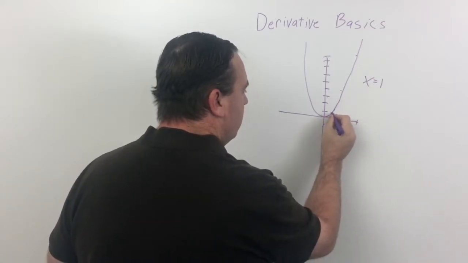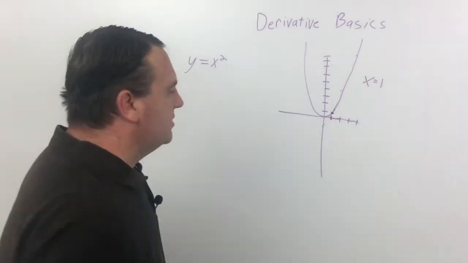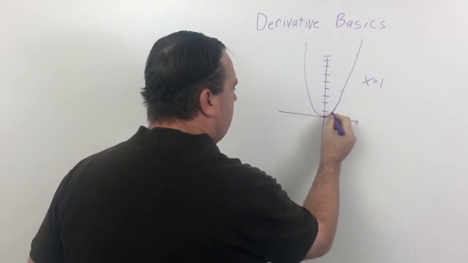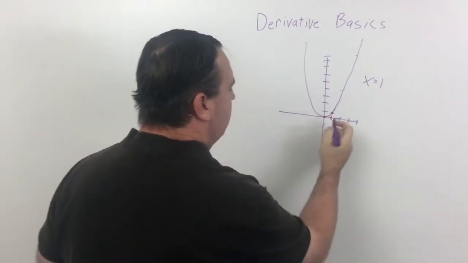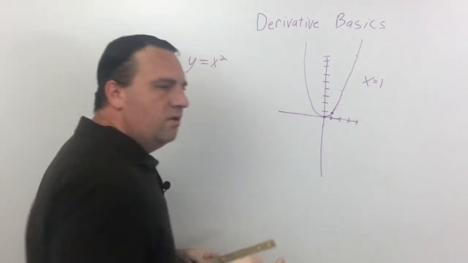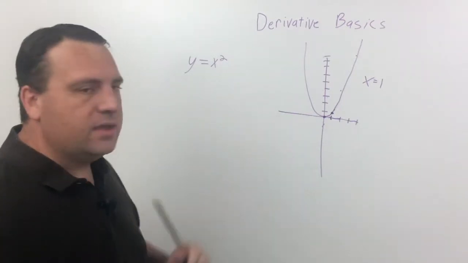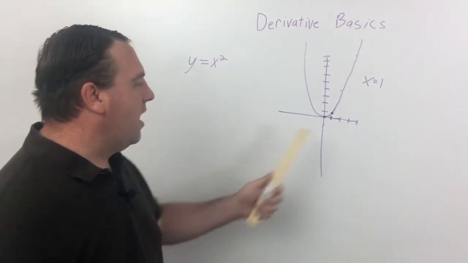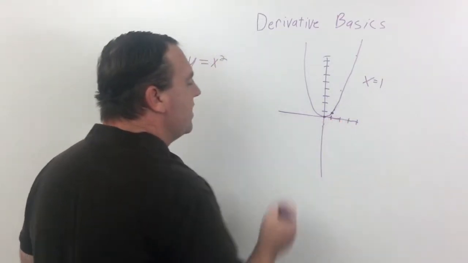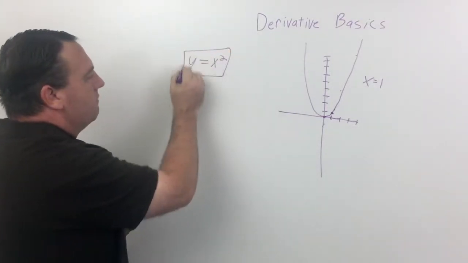So if I have this point and I want to know the slope right there, I could estimate it by saying, let's just start at the origin and then go through that point and find the slope between those 2 points. That won't give us an exact answer, but it'll give us an approximate answer. And we can calculate this because we can plot these points, because at x equals 1, we know what y is because we have an equation for y.